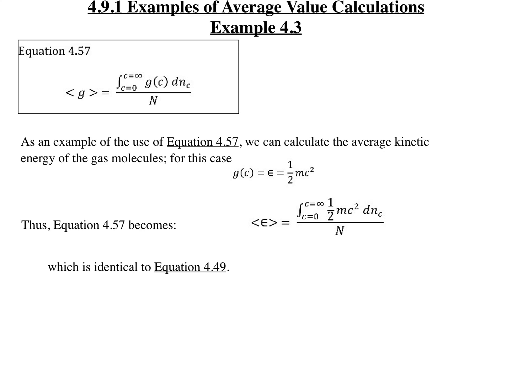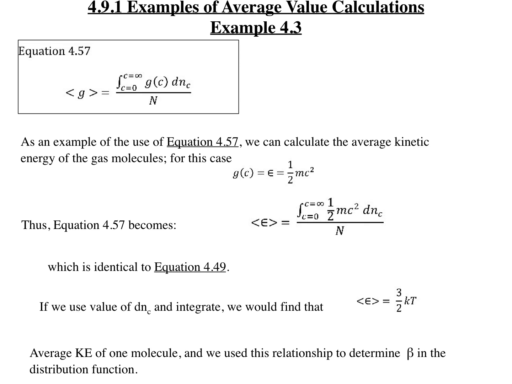Now if we substitute the value of dn(c) and integrate, you should get E equals 3/2 kT. The average energy of one molecule is 3/2 kT. So this is an illustration of how we can calculate the average properties of molecules by knowing the distribution functions. And we use this in the deduction of beta in the distribution function in the lecture, and you will see this by that point.